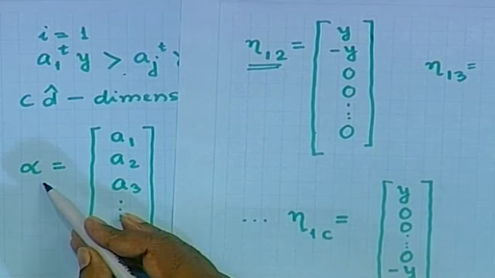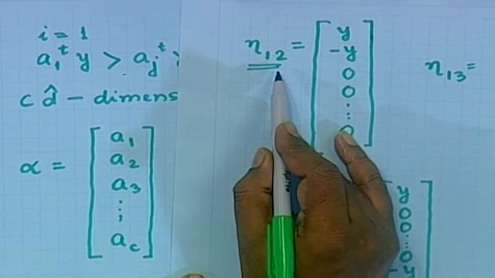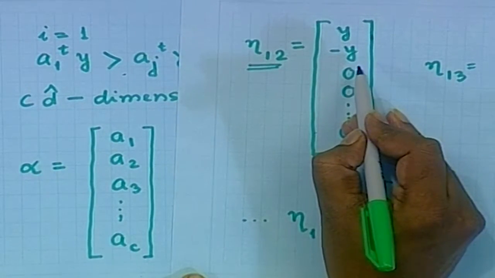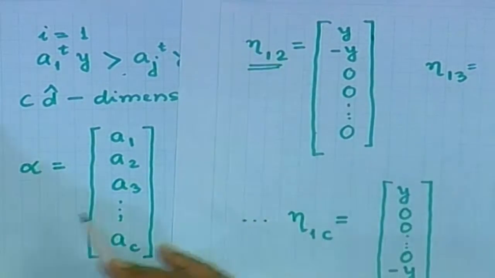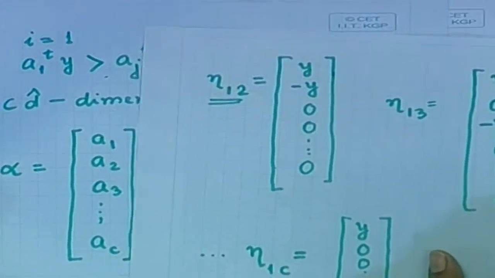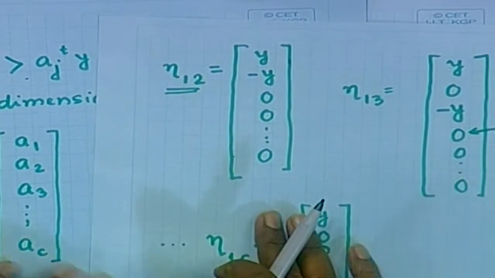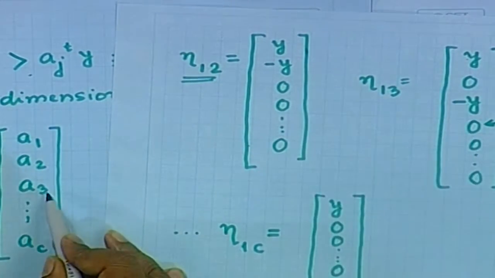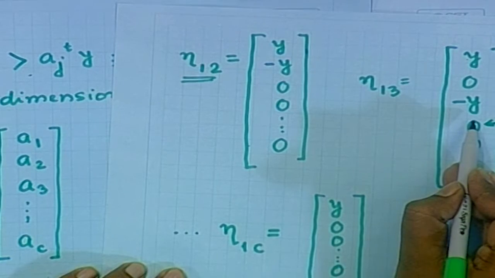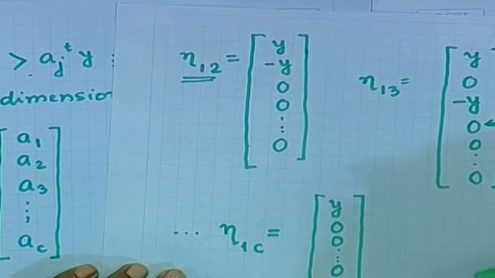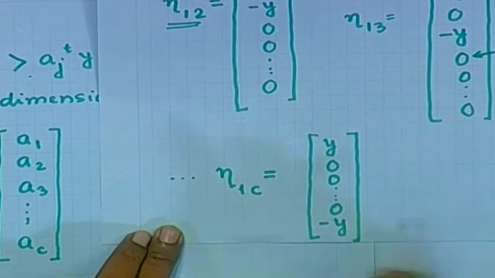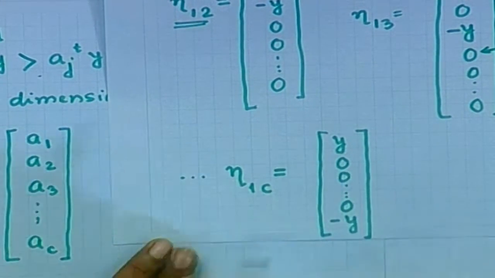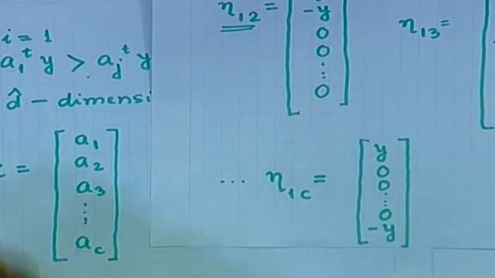So, alpha transpose eta 1 2 is simply a1 transpose y minus a2 transpose y. Similarly, alpha transpose eta 1 3 is simply a1 transpose y minus a3 transpose y. Similarly, alpha transpose eta 1 c is simply a1 transpose y minus ac transpose y.